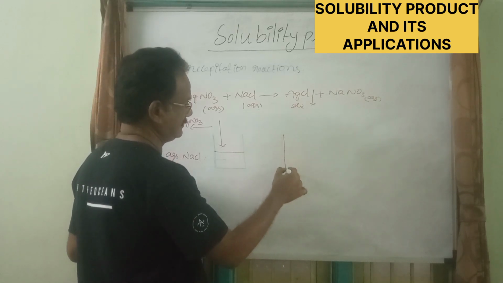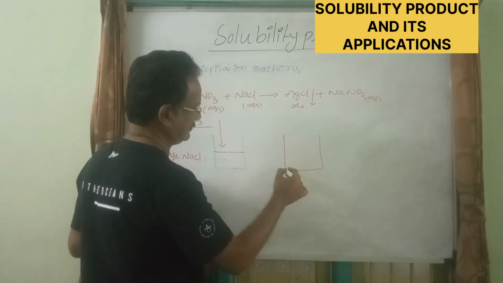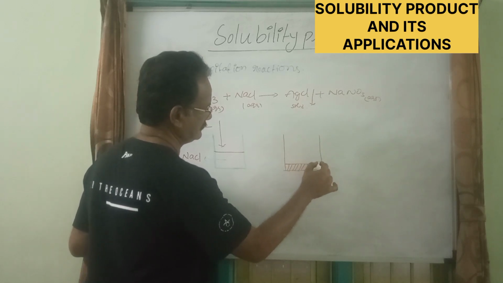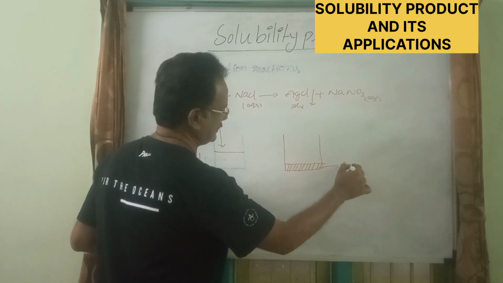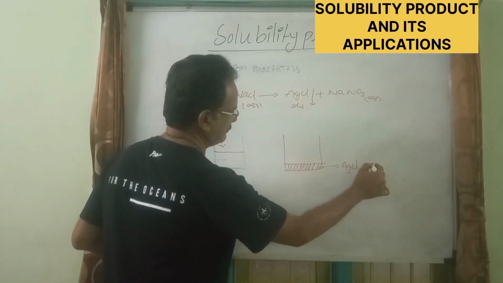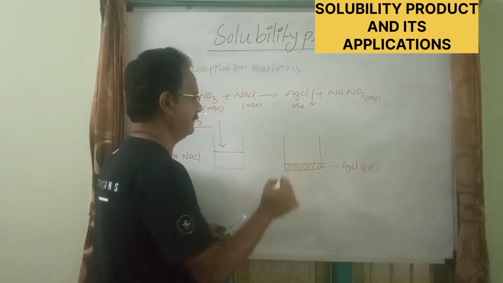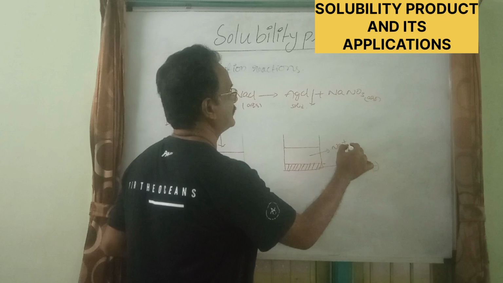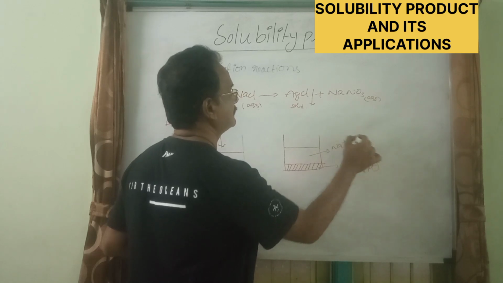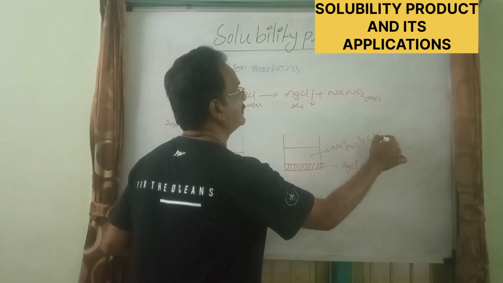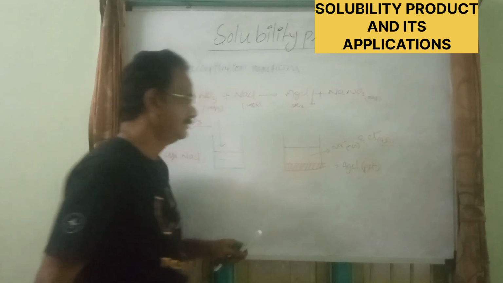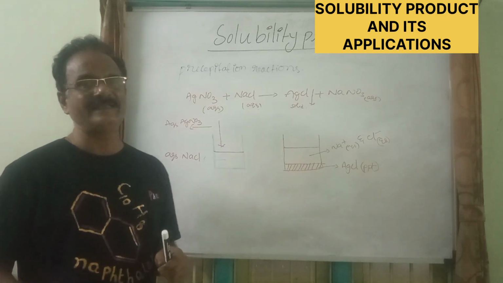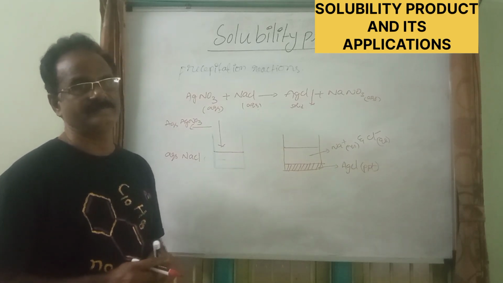Let us see, after completion of the reaction, the situation will be like this. Here AgCl forms as precipitate. In the solution, Na plus ions are present in aqueous condition and Cl minus ions are present in aqueous condition. Is it clear? So here the question is, why is AgCl getting precipitated here?